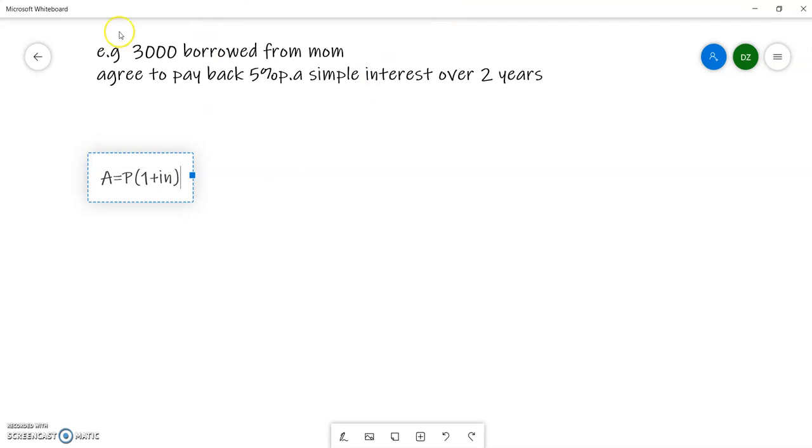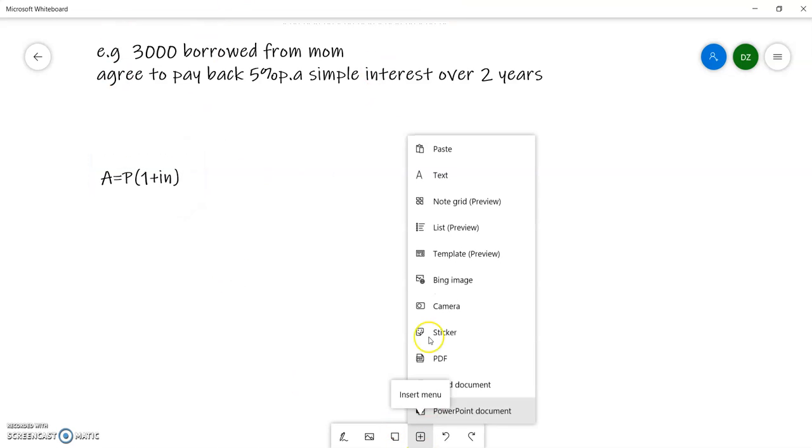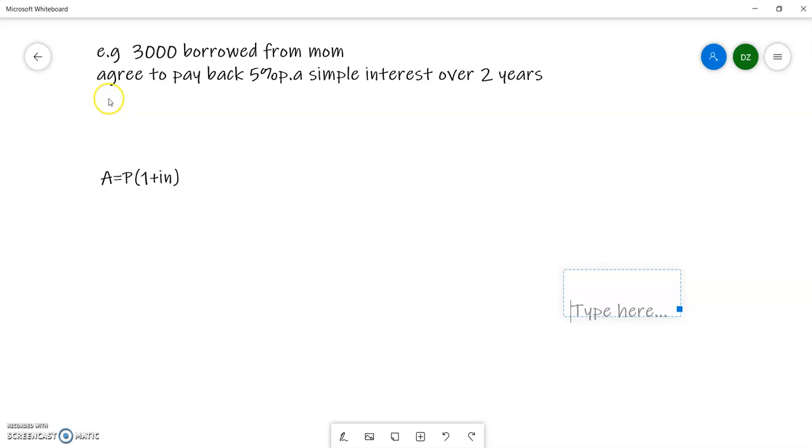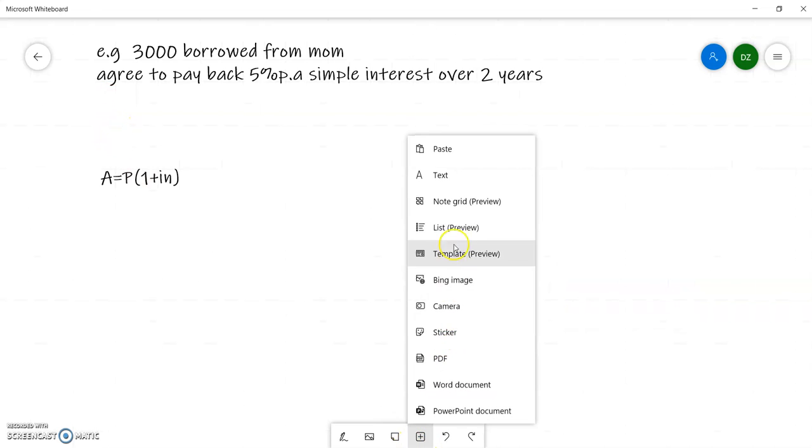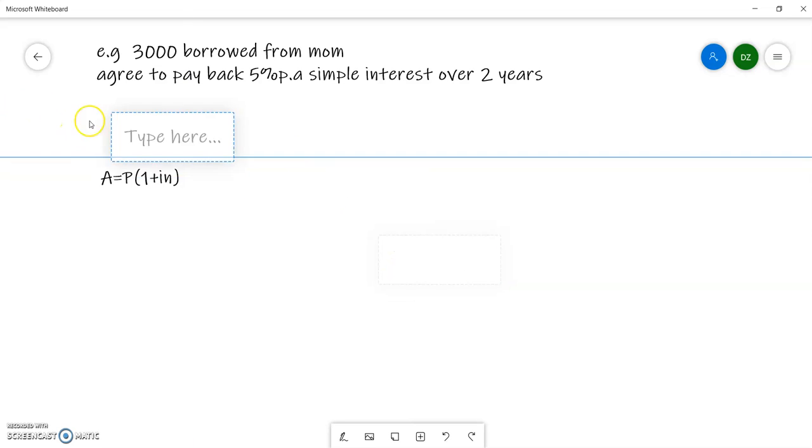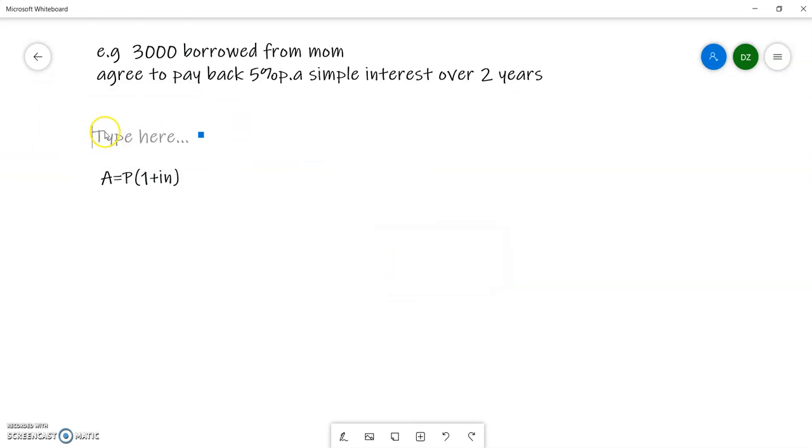So I'm going to start identifying what I do have, and the one that I don't have is the one that I need to calculate. So what I have is a P amount, which was 3,000 Rand that I borrowed.